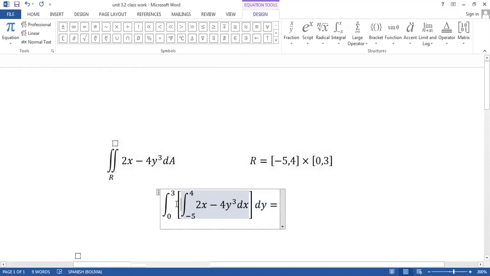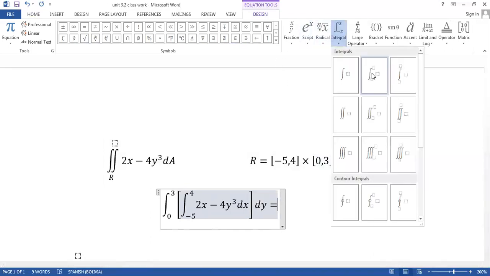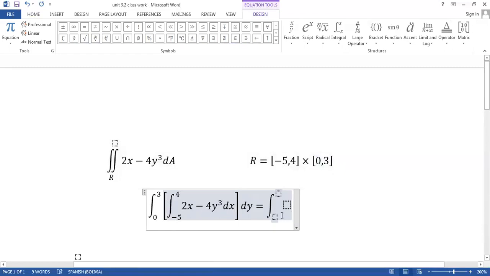So Delano, in a sense, I'm going to integrate with respect to x, the dx. Or another way of putting it is that I am evaluating my parentheses first. Before we get there, we're going to put back our 0 to 3.